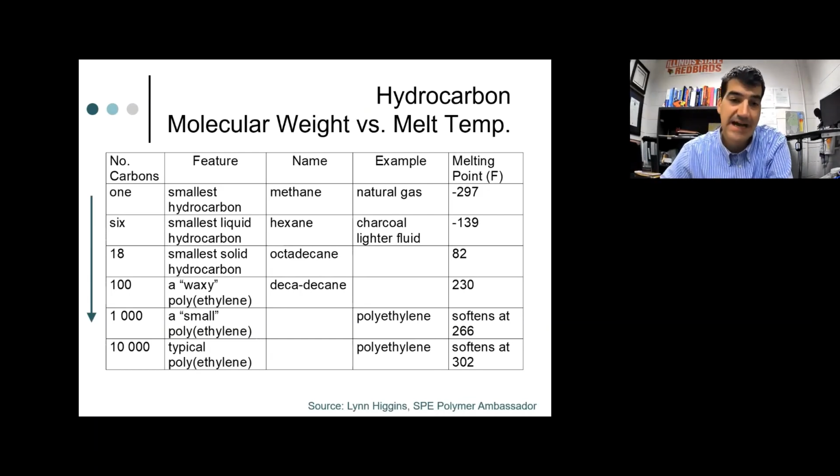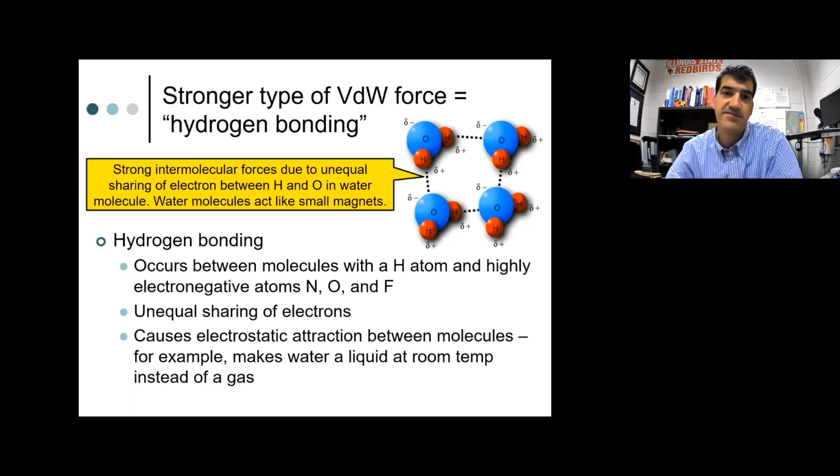We'll talk about why some polymers melt and some don't in a later class. But it's true, some things will melt, some things won't melt. In general, the longer the chain, the less likely it is, and the higher the temperature you would need to cause it to soften or melt. Okay, that's enough for now.